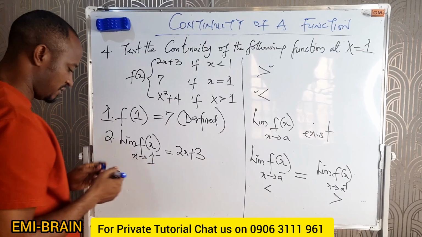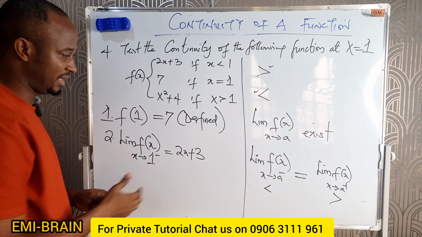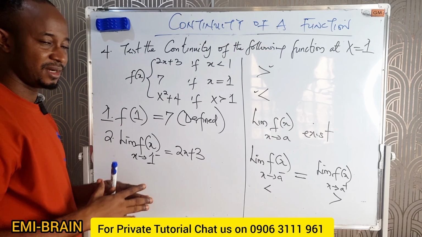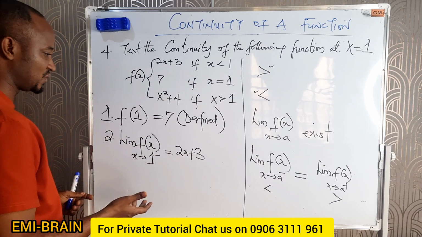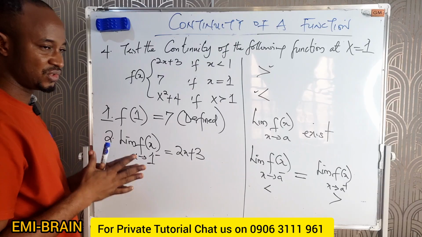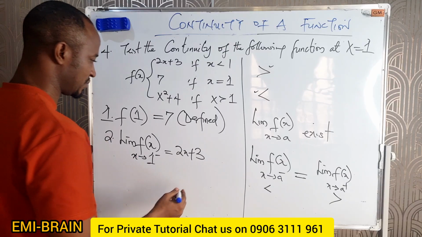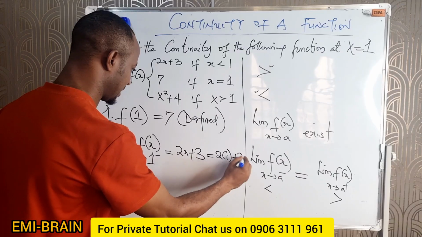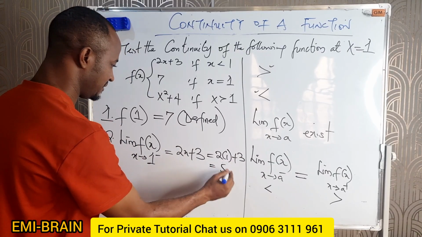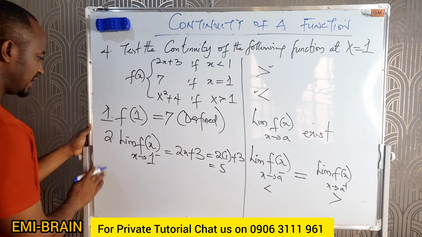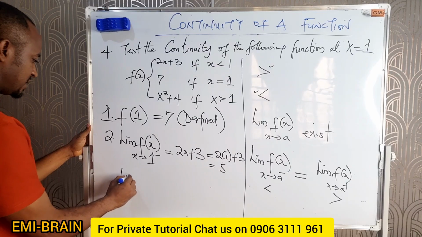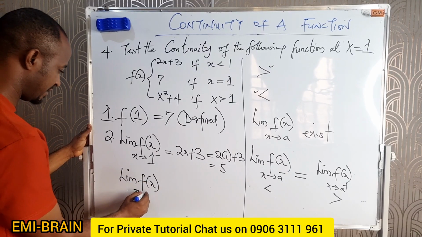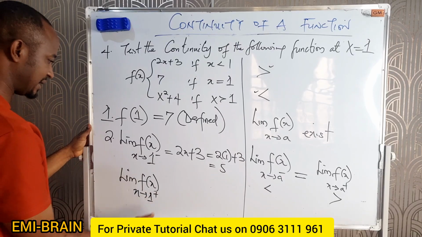Now, to find the limit of a polynomial, like a linear function like this, we don't even need to rationalize. All we need to do is direct substitution. So I will substitute the value of x as 1. So 2 times 1 plus 3, and that will give us 5.